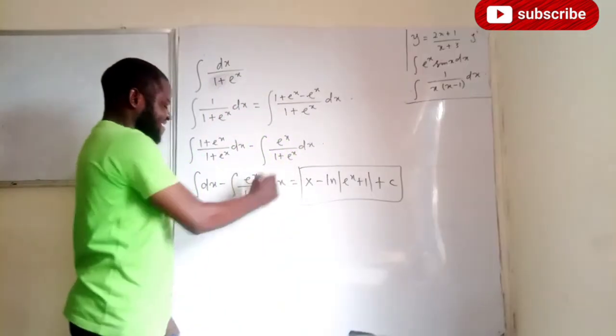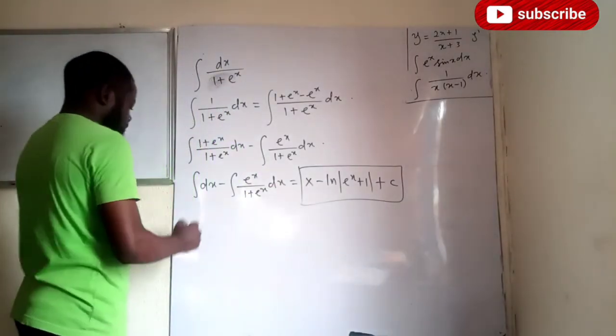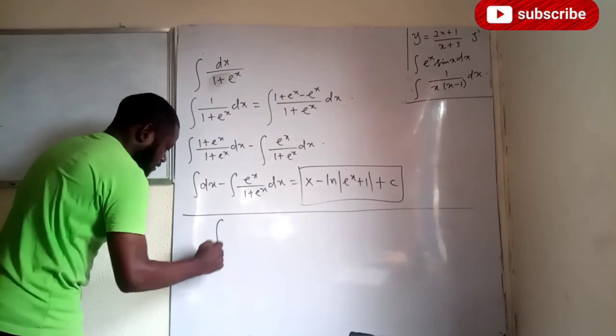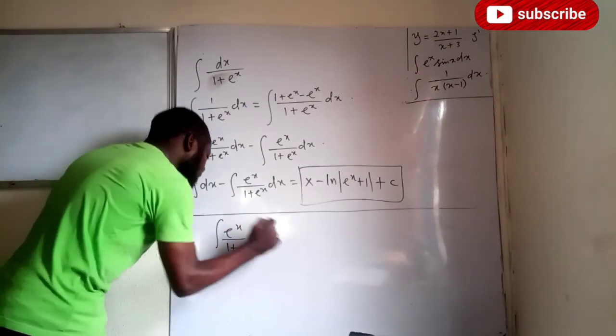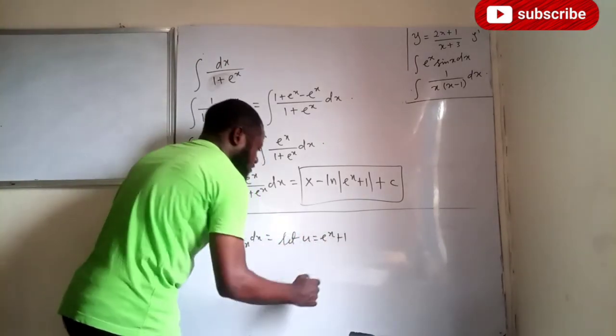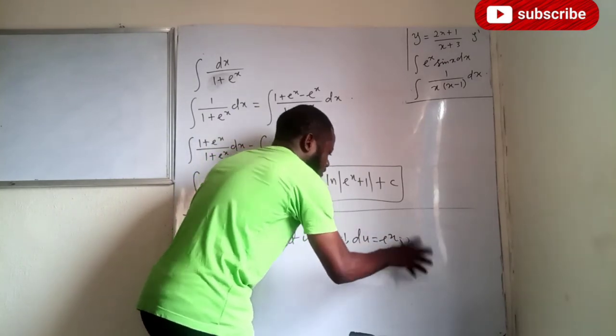It's as simple as this. Okay guys, if you don't understand how I got this result, let me quickly show you. Let's say I have the integral of e to the power of x over 1 plus e to the power of x dx, and I'm going to let u equal e to the power of x plus 1, then du is equal to e to the power of x dx.